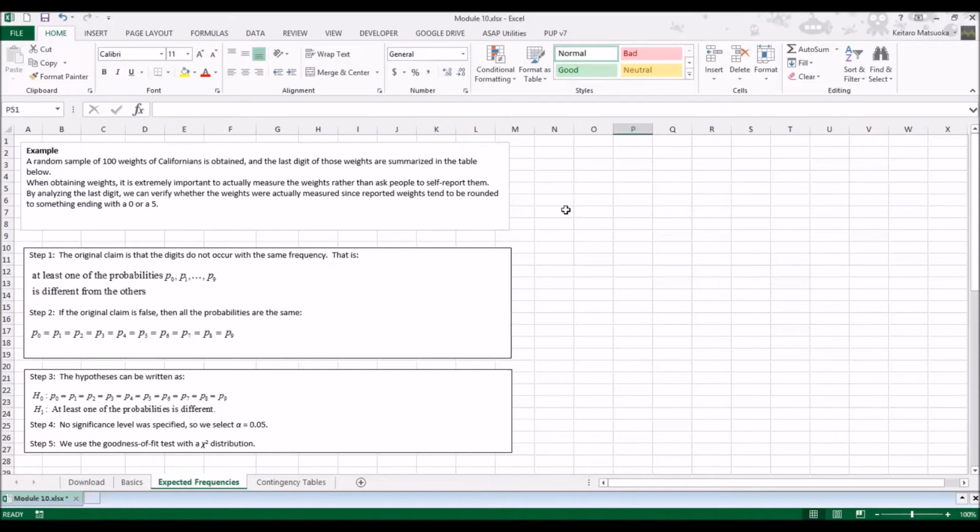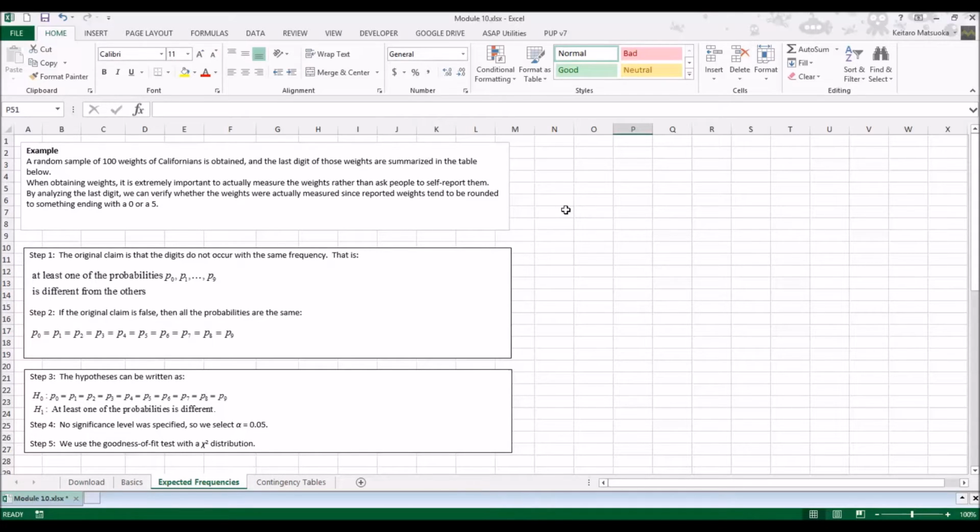Step 1: the original claim is that the digits do not occur with the same frequency. In terms of probabilities, it means at least one of the probabilities, P0, P1, or anywhere up to P9, is different from the others. If that claim is false, then all probabilities are the same: P0 equals P1 all the way down to P9.